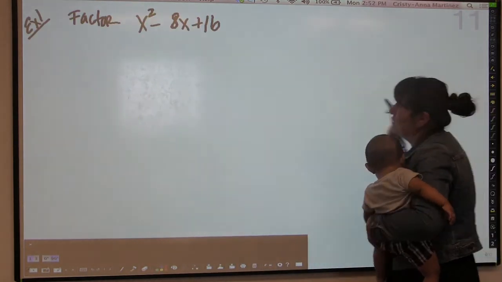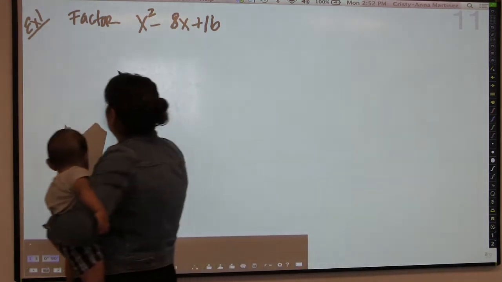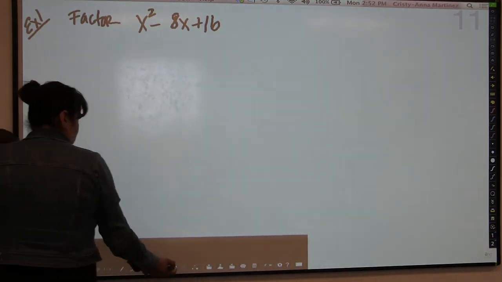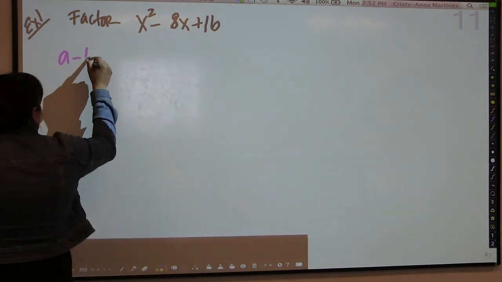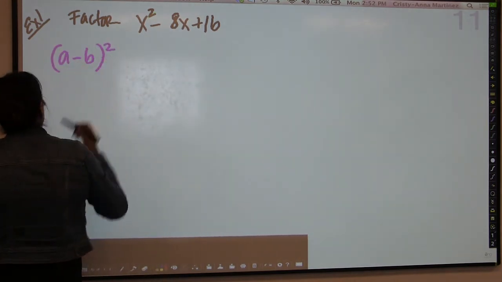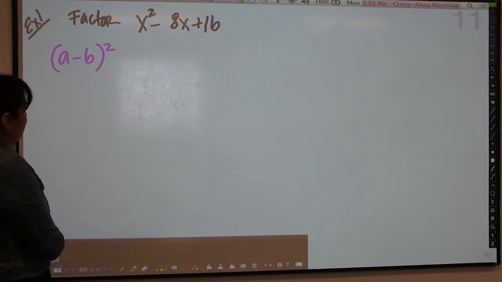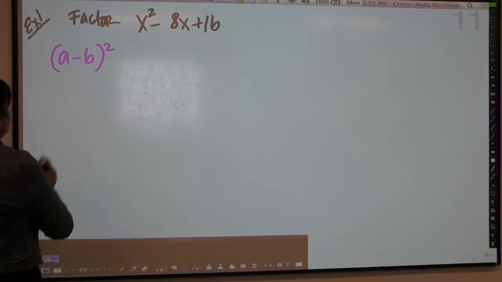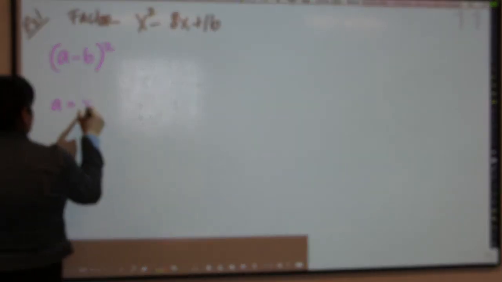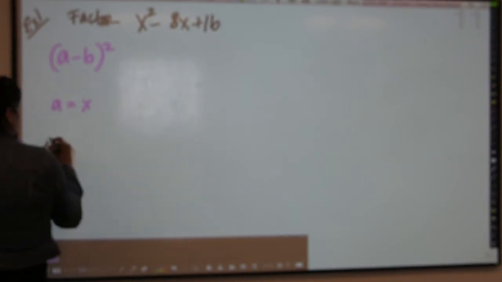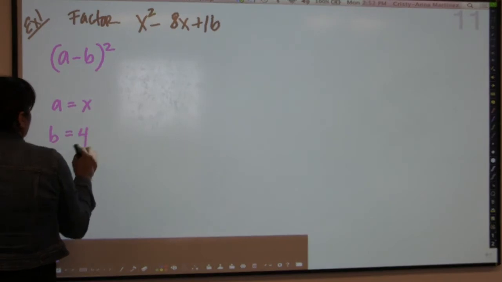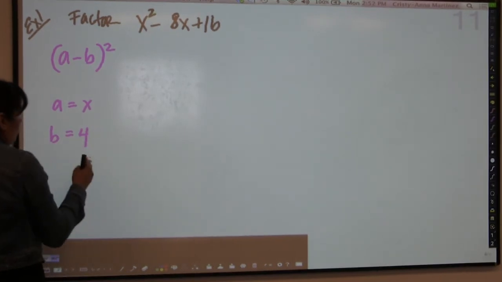So in other words, if this is going to work as (a - b) squared, then I have to identify what a is and what b is. In this case, a would be x, and so a squared would be x squared, which it is, and b would have to be 4, because b squared would be 4 squared, which is 16.